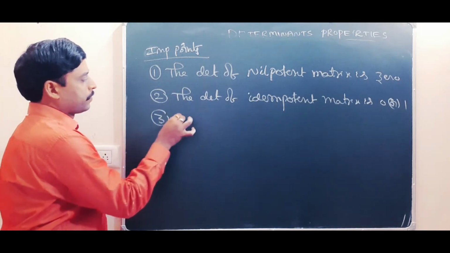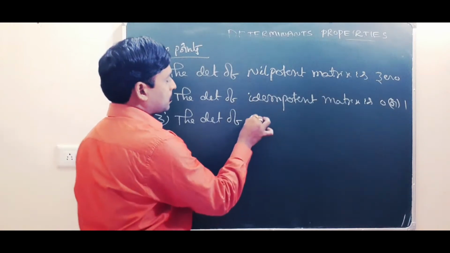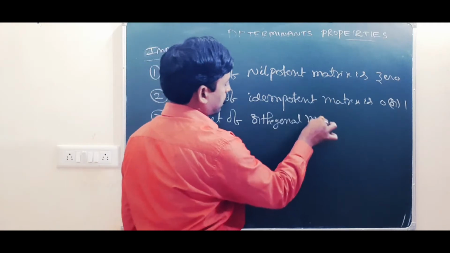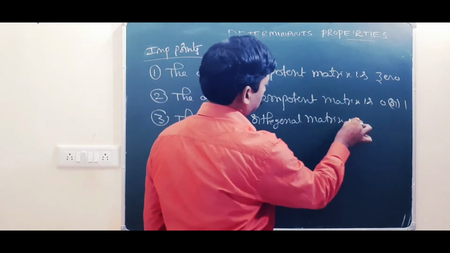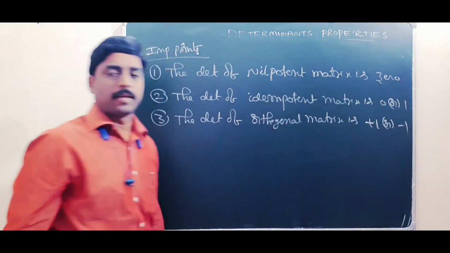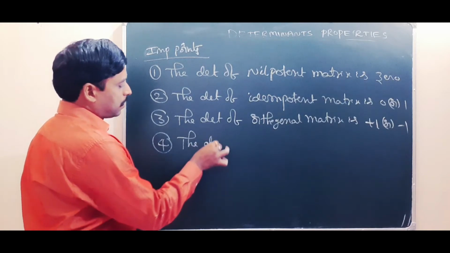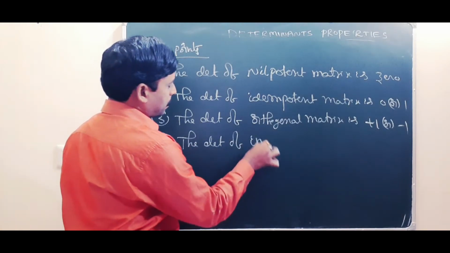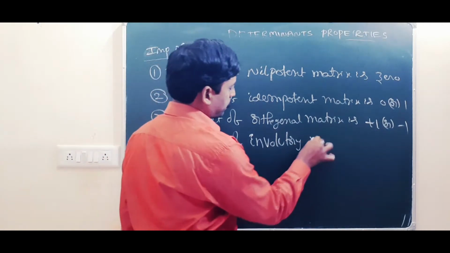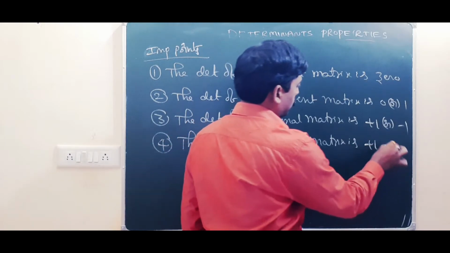Next, third point, the determinant of an orthogonal matrix is plus 1 or minus 1. Plus or minus 1. Next, fourth point, the determinant of an involutory matrix is also plus 1 or minus 1.